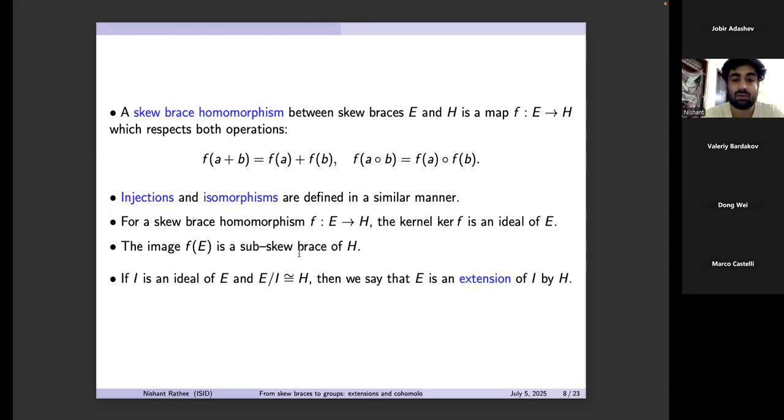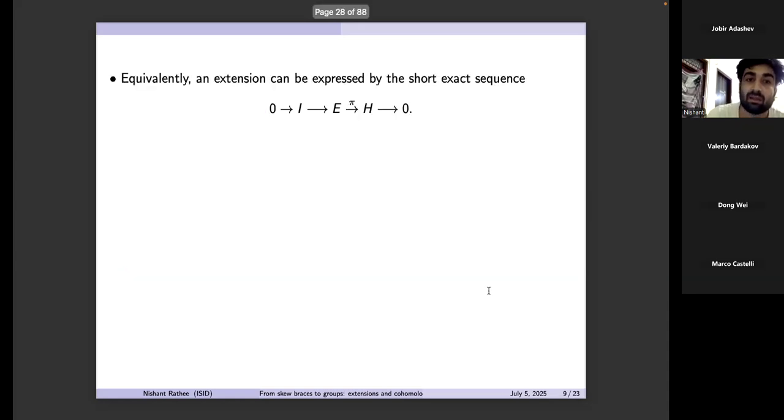Let us come to the extension. If you have an ideal I of E, such that E by I is again a skew base, and E by I is isomorphic to H, then we say that E is an extension of I by H. Equivalently, we can represent an extension by a short exact sequence, where pi is the natural projection of E onto H. So an extension is always thought of as a short exact sequence of skew bases.